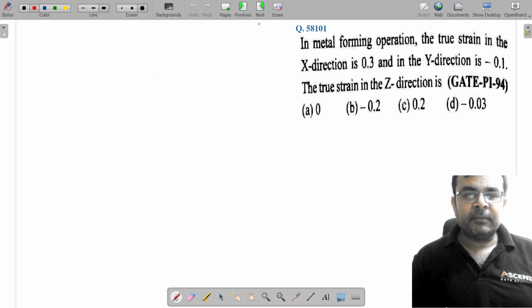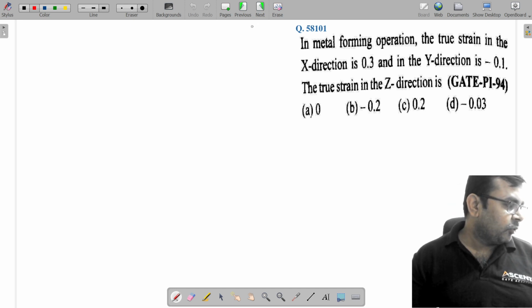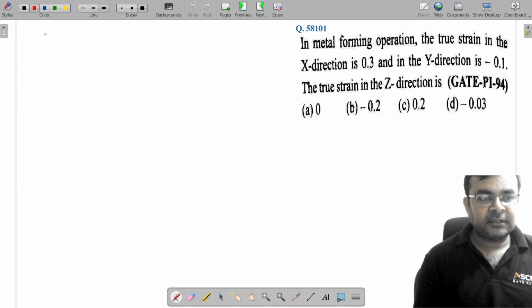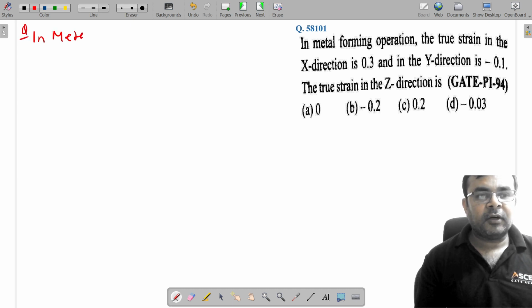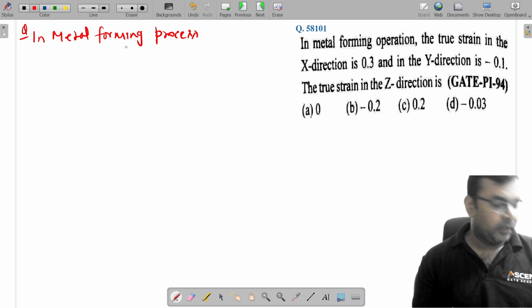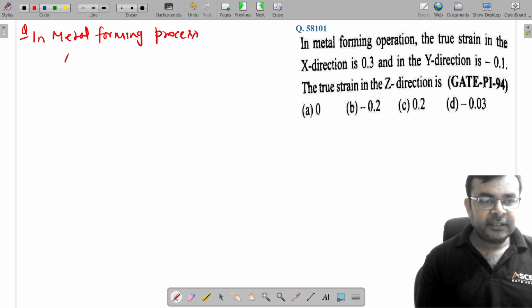Okay, next question. In a metal forming operation, the true strain in the x direction is 0.3 and in the y direction is minus 0.1. The true strain in the z direction is. So let's see here. In the metal forming process, the change in volume is always equal to 0. Remember this thing.